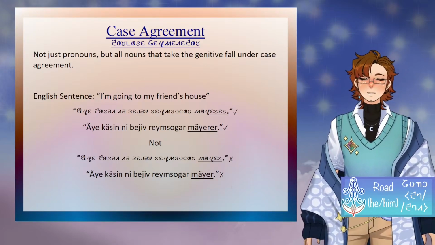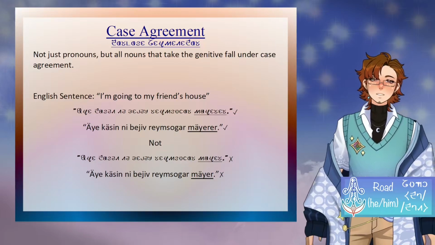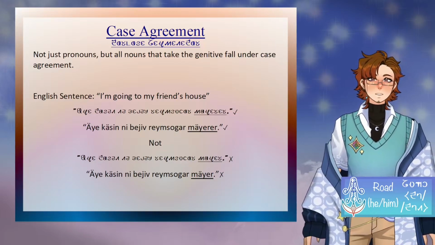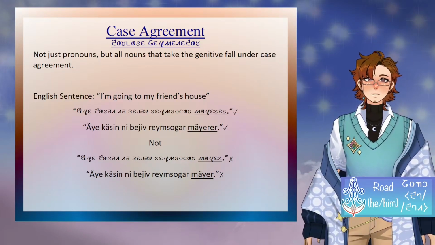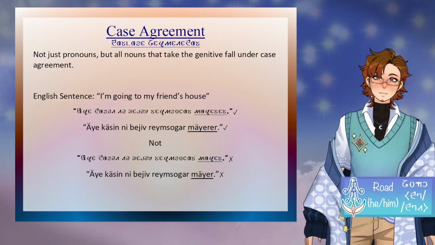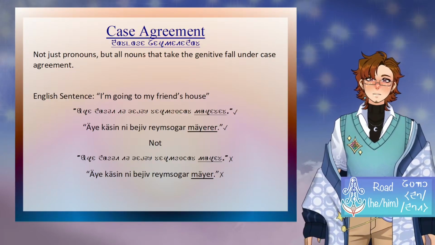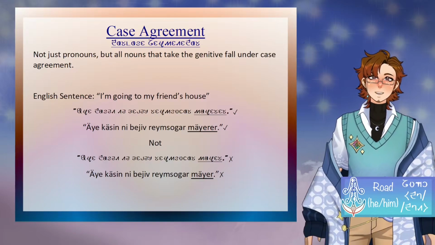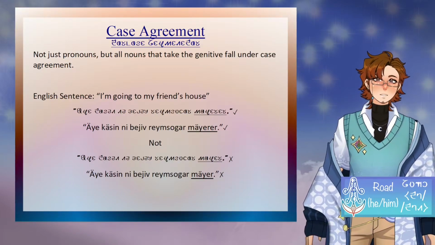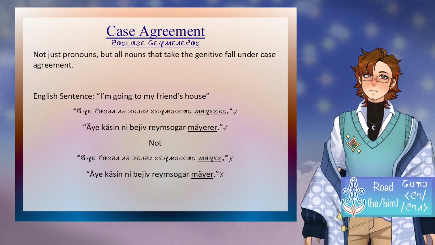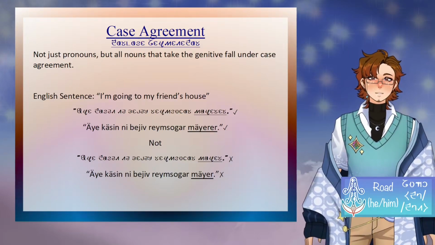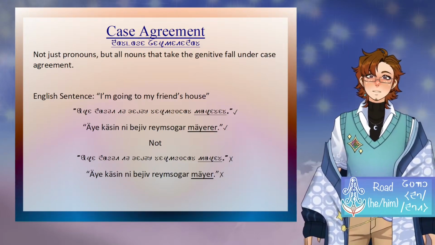Because the object, in the case of this sentence, is the house, or more fully, the friend's house, or my friend's house. So, that whole phrase, my friend's house, is understood to be the object of the sentence and so has to be referred to as the object.